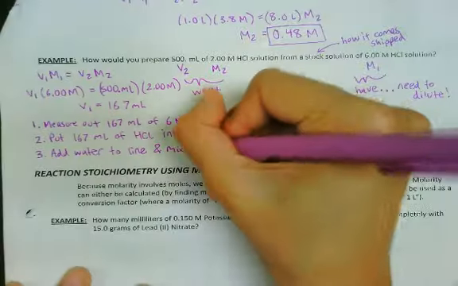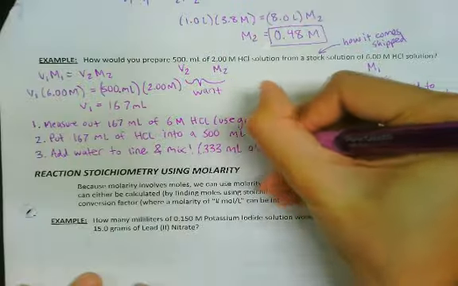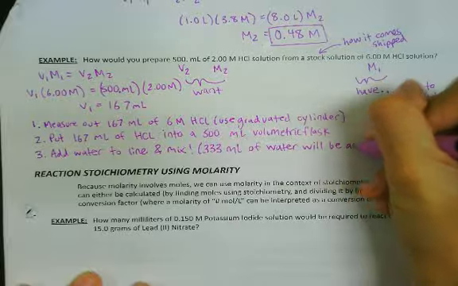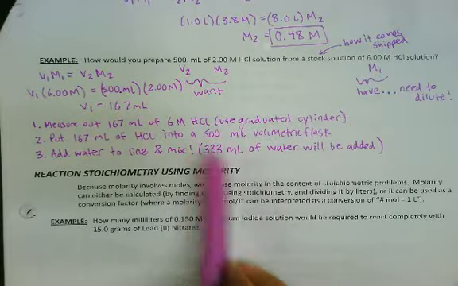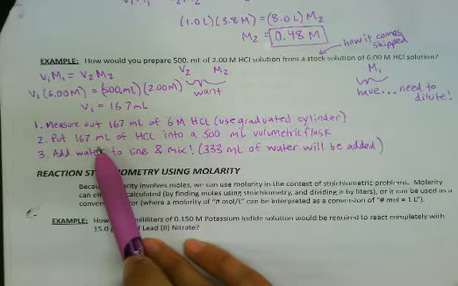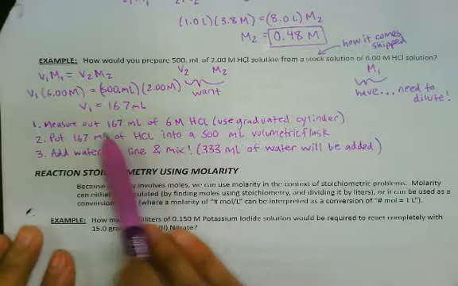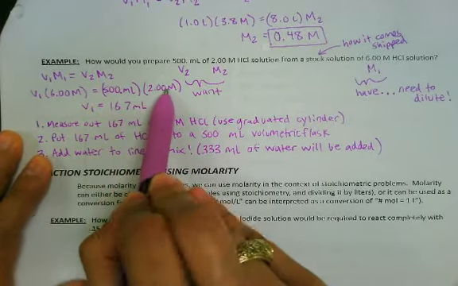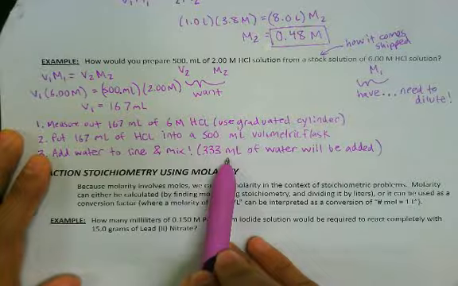So technically what we do here is we add 333 milliliters of water into the 500 milliliter volumetric flask, along with 167 milliliters. In total, we're going to have 500 milliliters, okay? I don't want to make more than 500.